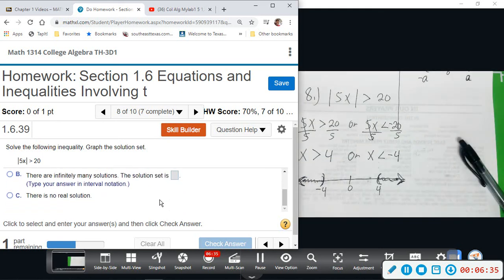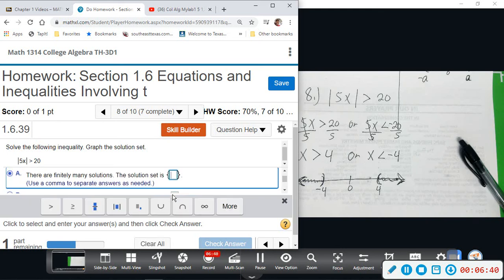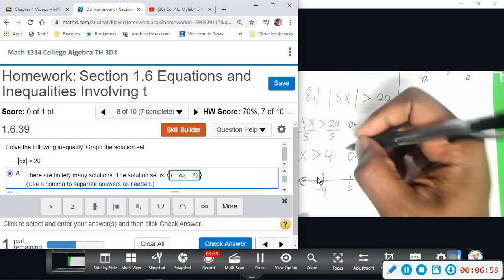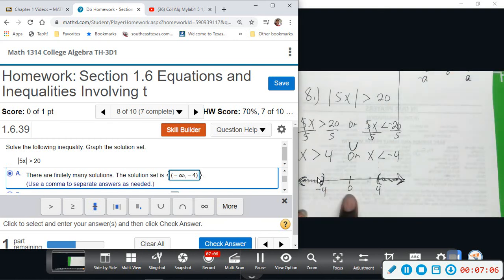So first, we need to go to negative infinity, comma, negative 4. Now when we say or, we also use this union symbol. I don't know if this program will allow you to separate these two with a comma, but I'm doing this in interval notation.